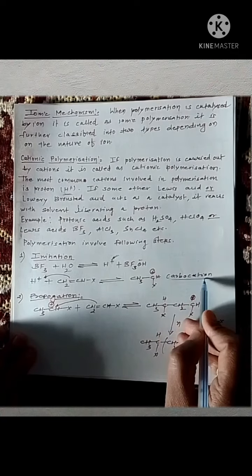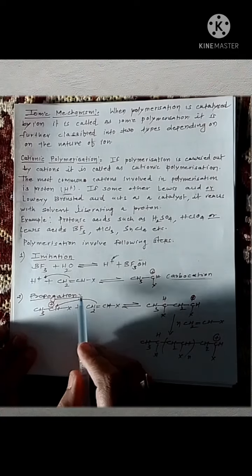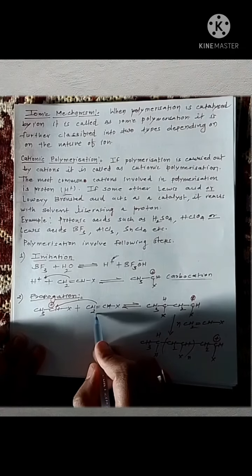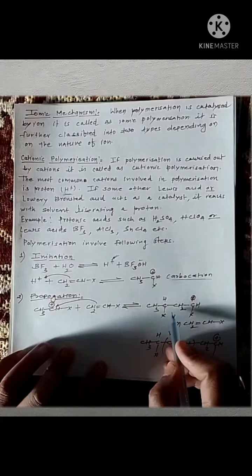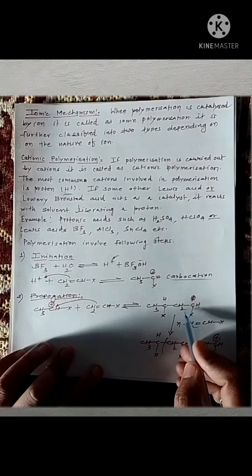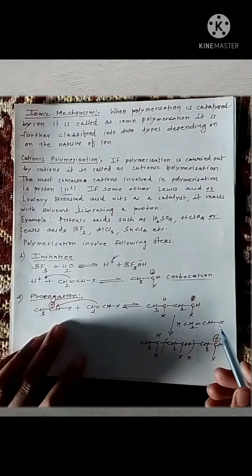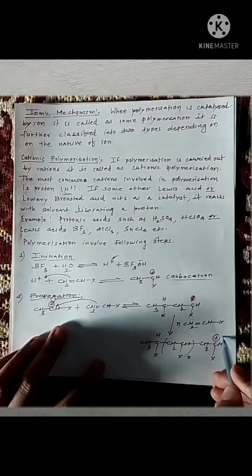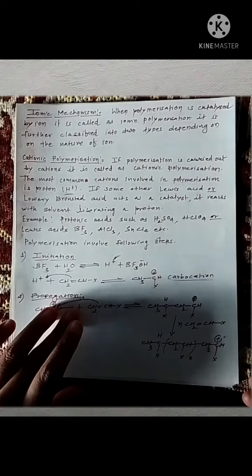In the propagation step, this carbocation is further attacked by another vinylic molecule, and it forms a new carbocation. This process is repeated again and again in the propagation step, thereby increasing the chain length, and new carbocations are formed.